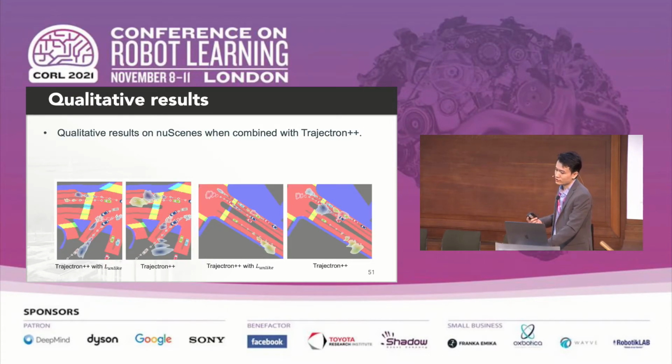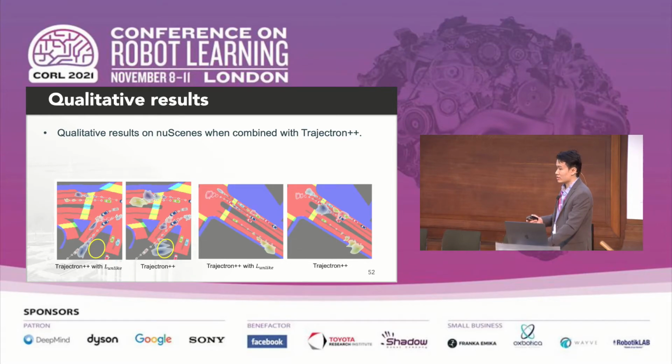Here we show two qualitative results on nuisance when combined with Zahran++. White points denote the ground truth feature. In the left example, you can see that the prediction of the blue vehicle highlighted by the yellow circle goes out of the driving region when trained without our unlikelihood loss.